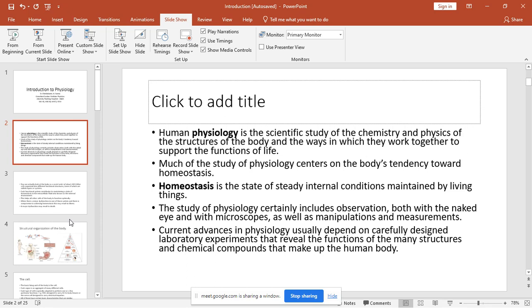And when you do that, you carry out measurements of what those manipulations are going to be. Current advances in physiology depend on carefully designed laboratory experiments that reveal the functions of the many structures and chemical compounds that make up the human body.